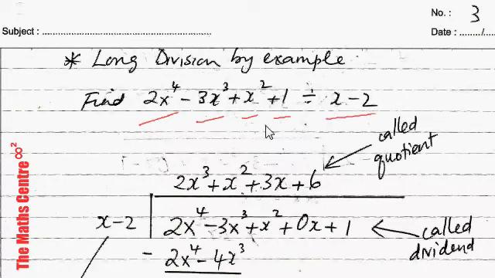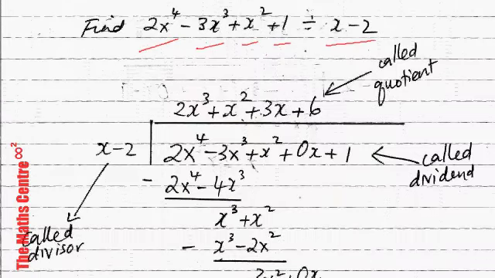Now in long division there are some terms that we need to be familiar with, and let's go and introduce ourselves to these terms. What we have in the box here is 2x to the power of 4 minus 3x cubed plus x squared.